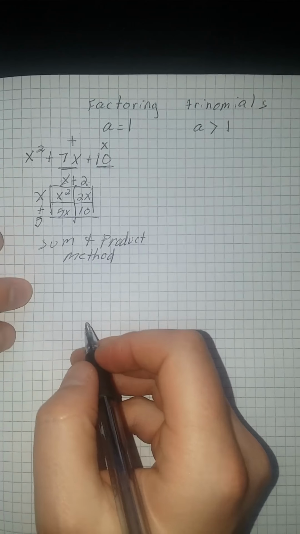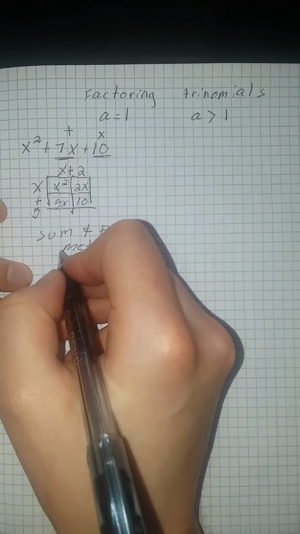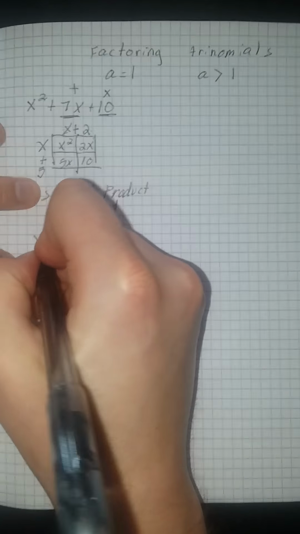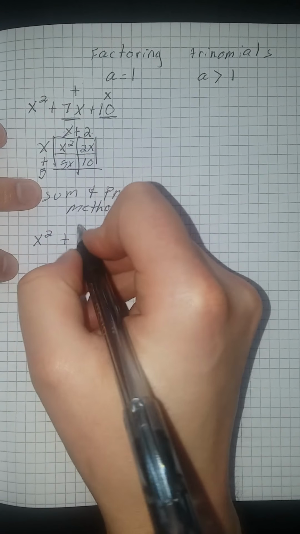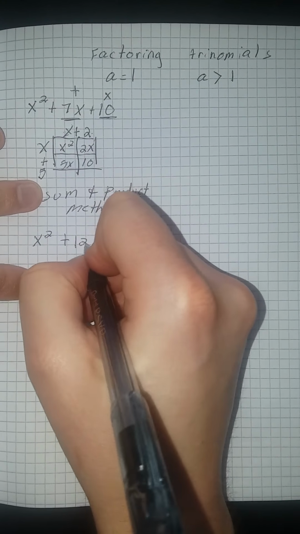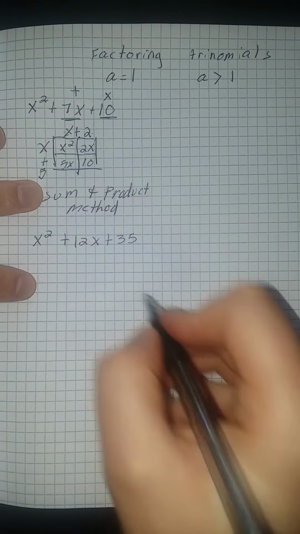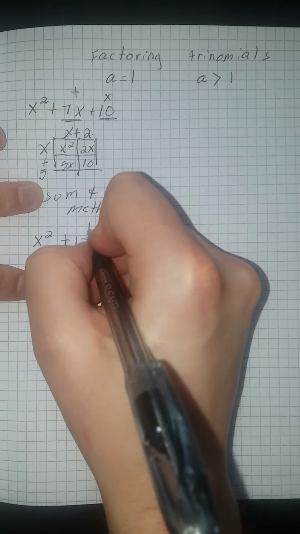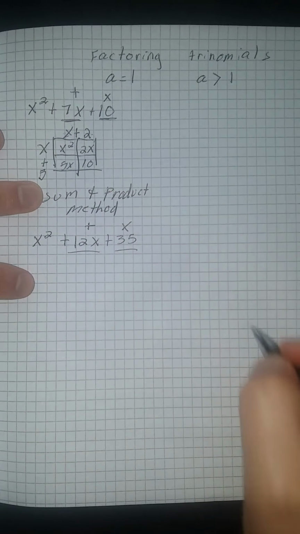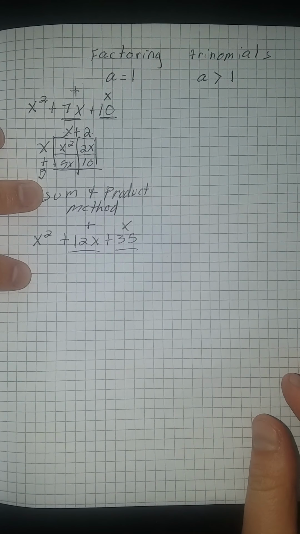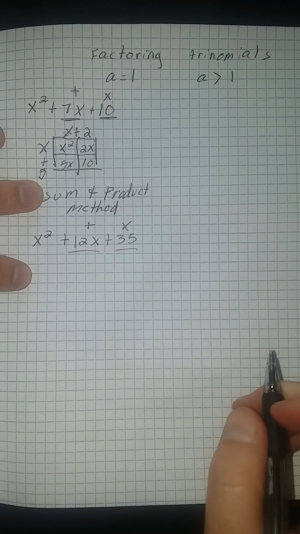So another example. X squared plus 12x plus 35. Think about your sum and product. I'll wait. Pause for video. Okay.